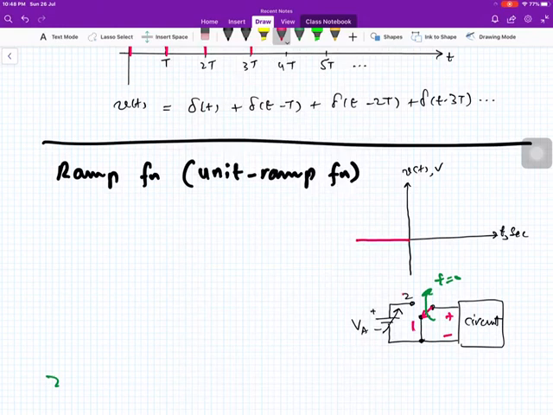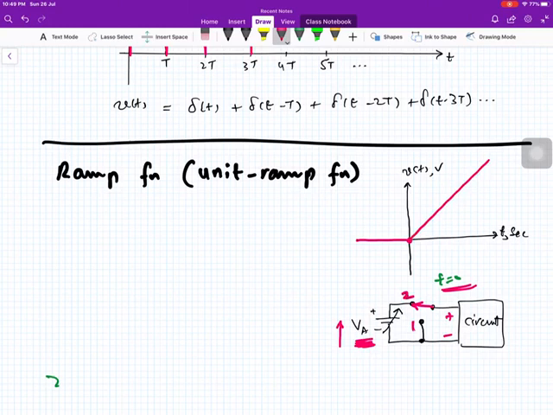But when the switch is moved to position 2, this is position 1, and now the switch is moved to position 2 at t equal to 0. If initially this voltage is 0, this is the variable voltage, and then we keep on increasing the voltage at constant slope like this.